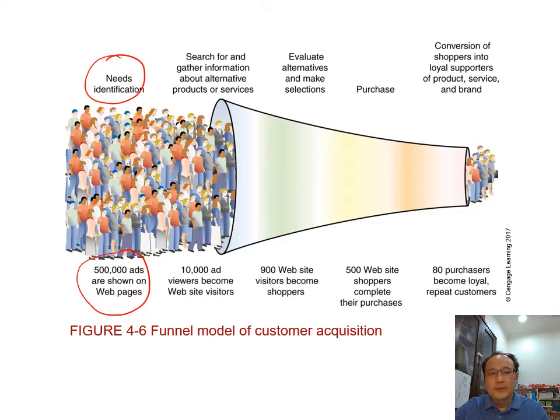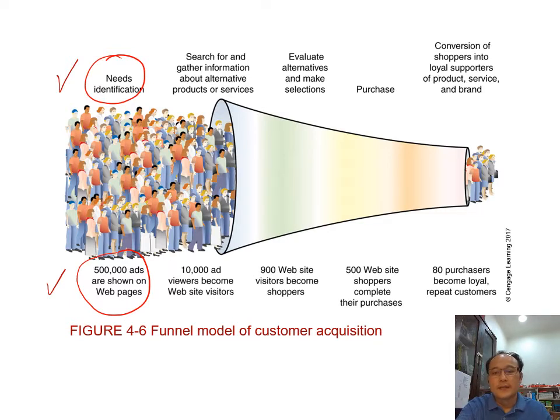As I mentioned, we need identification, something like awareness. This means the company puts up advertisements, and the target is to get 500,000 audience members to look at the advertisements.